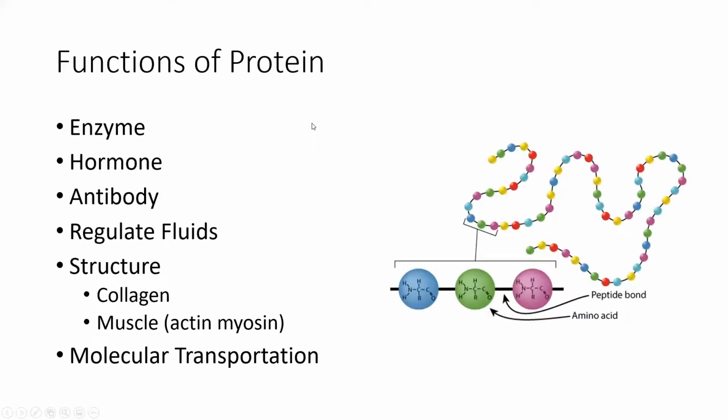Because proteins do many different things. They work as enzymes, hormones, antibodies. They help us regulate fluids, create structure like collagen and muscle tissue, not just actin-myosin, but more than that. And they also act as a molecular transport. So our body is really made of proteins and the combination of amino acids. So we need proteins.